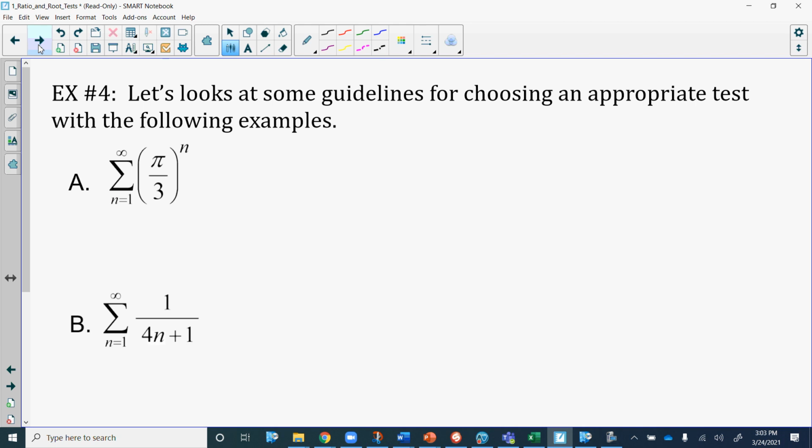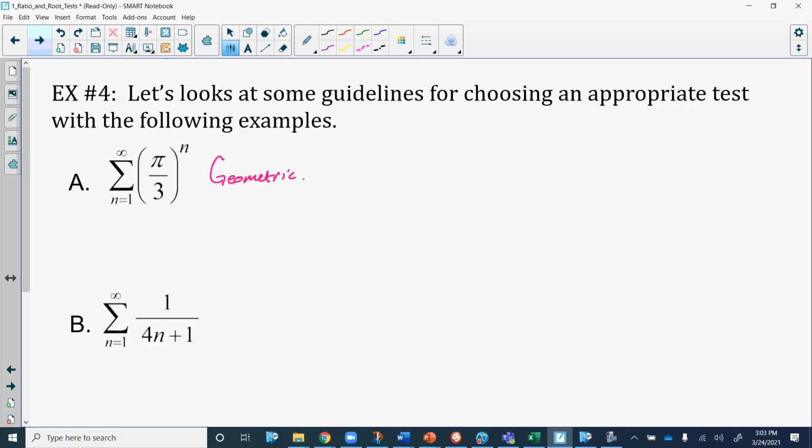Looking at this one, pi over 3 to the power of n, we have some expression raised to the power of n. Could we do the nth term test? I'm sorry, we just saw the root test, so this may make you say, okay, do we want to do the root test? Well, in this case, if we tried to do the root test, we're not going to have anything as n raised to a power, but this one hopefully is jumping out at you. This one is geometric.